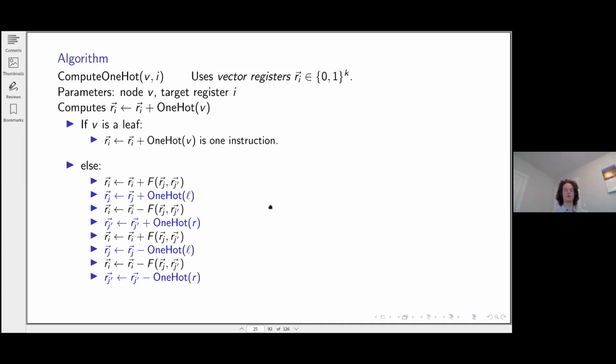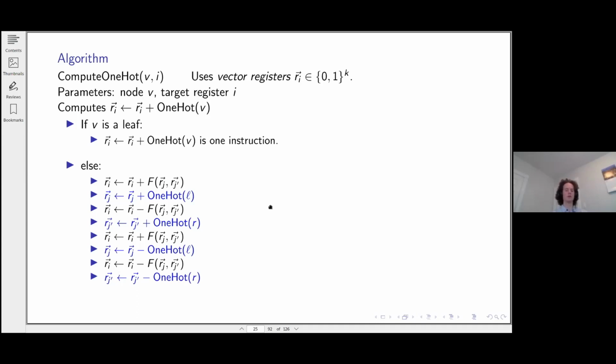I've written out that multiplication algorithm again here, where again I've highlighted the recursive calls in blue. Our recursive calls are querying the one-hot encoding for the children L and R, and we can do that using recursive calls to compute one-hot.